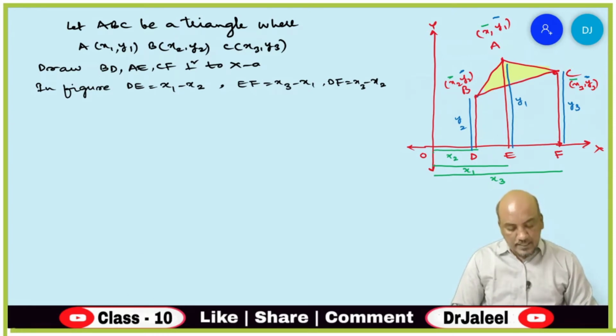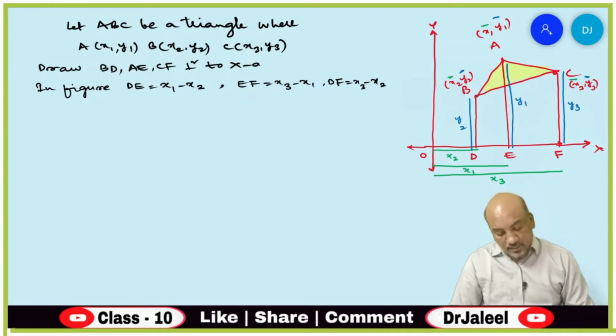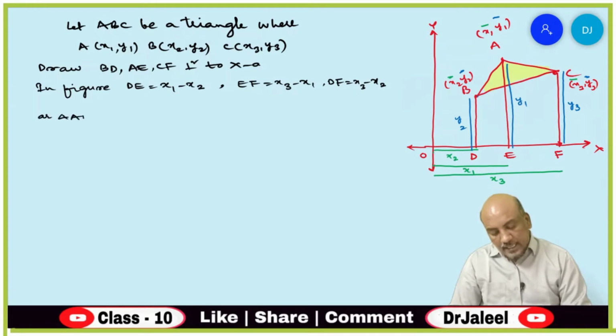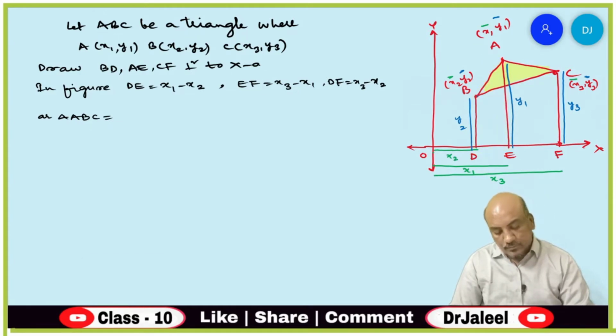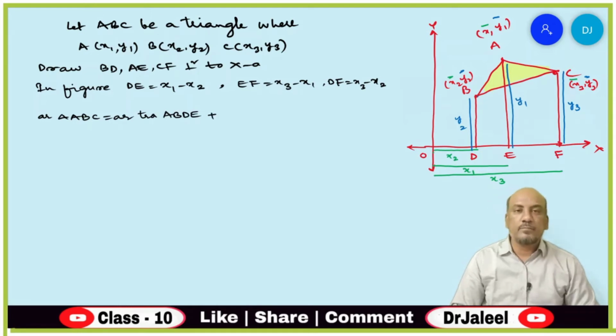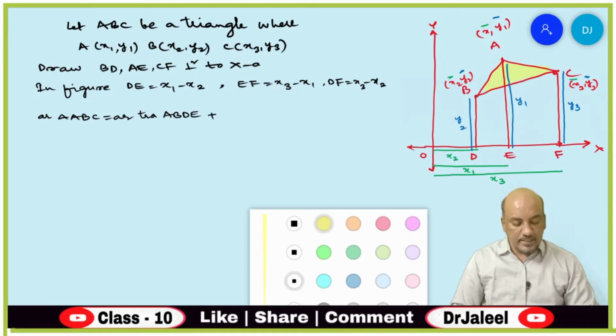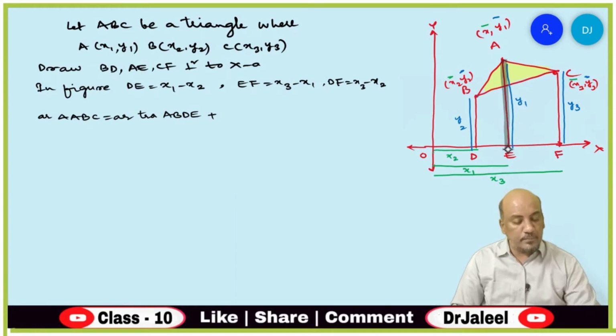Now let's understand how the triangle area can be obtained by using these trapeziums. Let's first write the logic here. Area of triangle ABC is equal to area of the first trapezium, ABDE, plus the next. Children, tell me which trapezium you will take next?